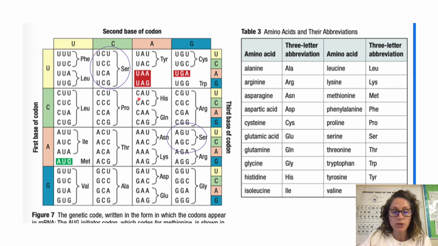Histidine, the first 2 are the same, and the third ones are both pyrimidines. If we look down here to glutamine, the first 2 are both CA, but then the third one is a purine. So these are the bigger ones. A and G, that's big.